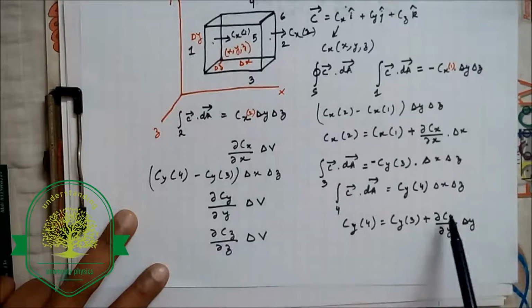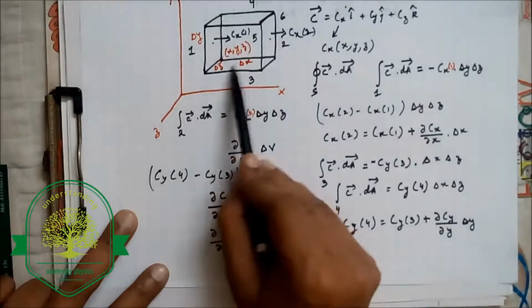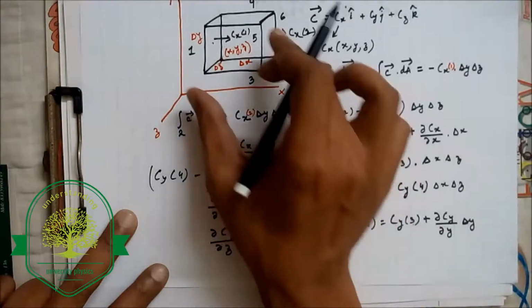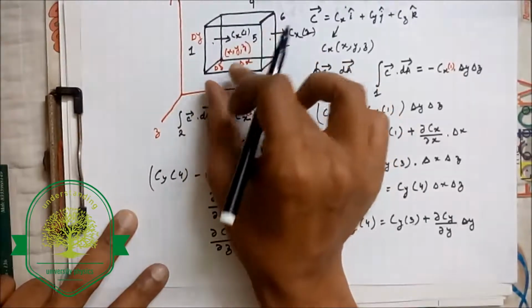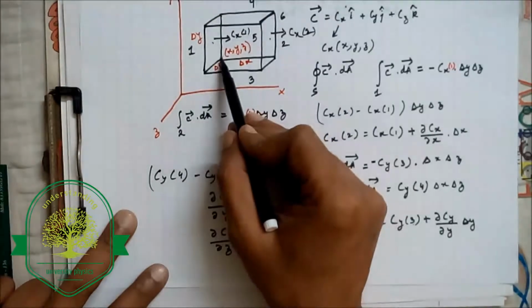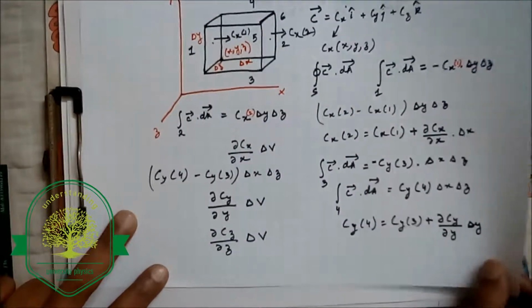Again, this derivative is being calculated here, where cy has been assumed to be constant at cy3, but ultimately we'll let all these lengths go to 0. So the dimensions of this box go to 0, and all the derivatives are ultimately calculated at this point, x, y, z.